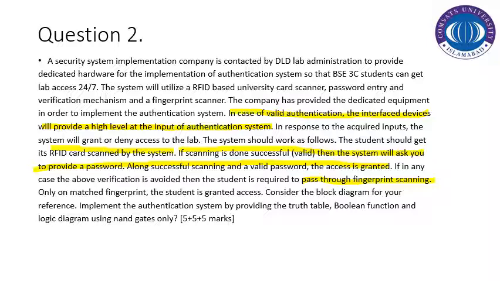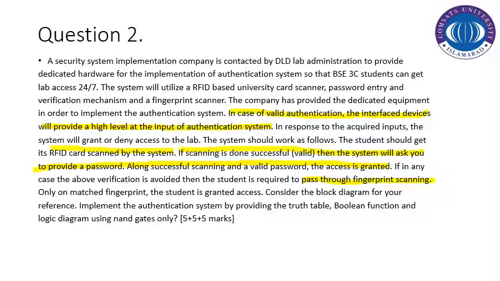So you don't need to simplify the expression simply. If you consider both of the cases, then for the first case, if RFID returns 1 and the password is correct, there is the AND term between these two operations. So if RFID and password return 1, then lab access should be granted.